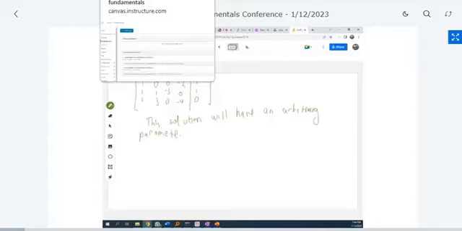So the solution will have the form of some vector, let me just say something like ABC, plus, and then you can write some parameter. You can make it T, you can make it anything else, and then this would be times DEF.